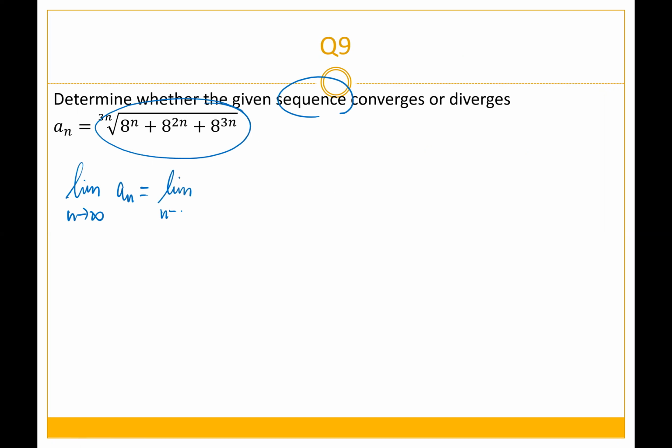You just find the limit of n approaching infinity of a_n. So you have a to the n plus a to the 2n plus a to the 3n, to the power 1 over 3n. It's kind of like rewriting it.